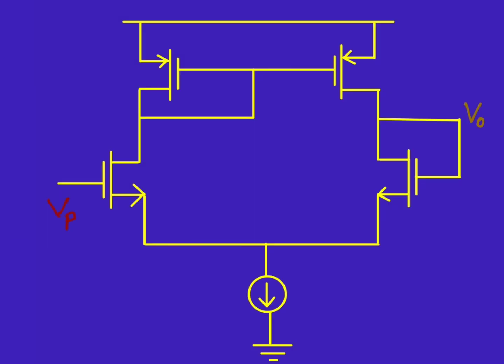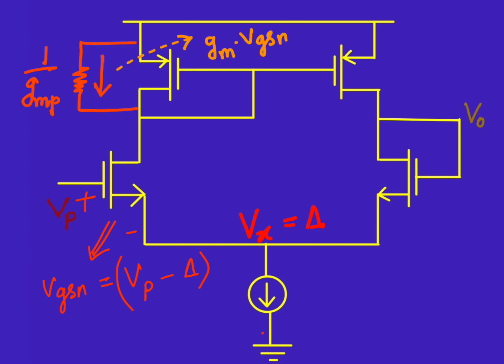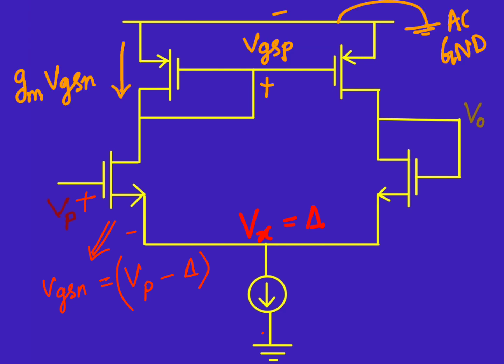Similarly, if we calculate the closed loop gain, when we apply an input of Vp, and let us assume that this node X is at a potential of del, then the gate to source voltage of this transistor, that is VGSN, is equal to Vp minus del, and this VGSN will induce a current in the upper PMOS, the PMOS which is diode connected, and then because of this current there will be a voltage induced.